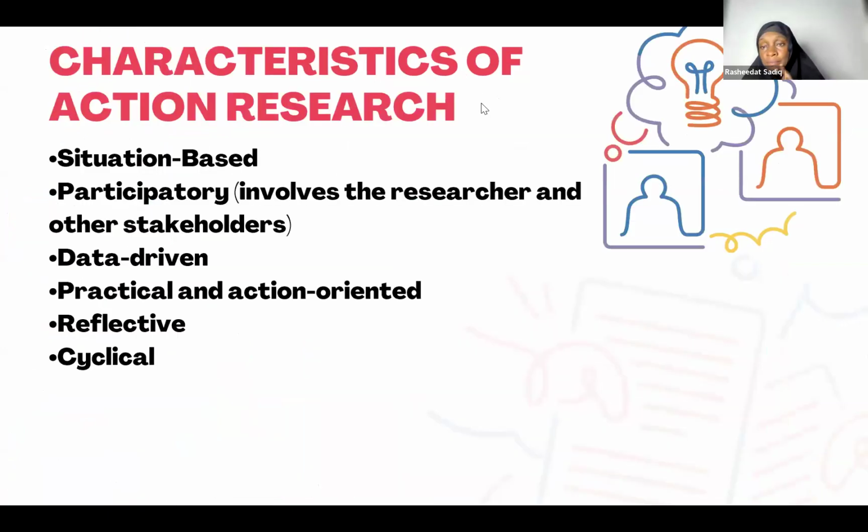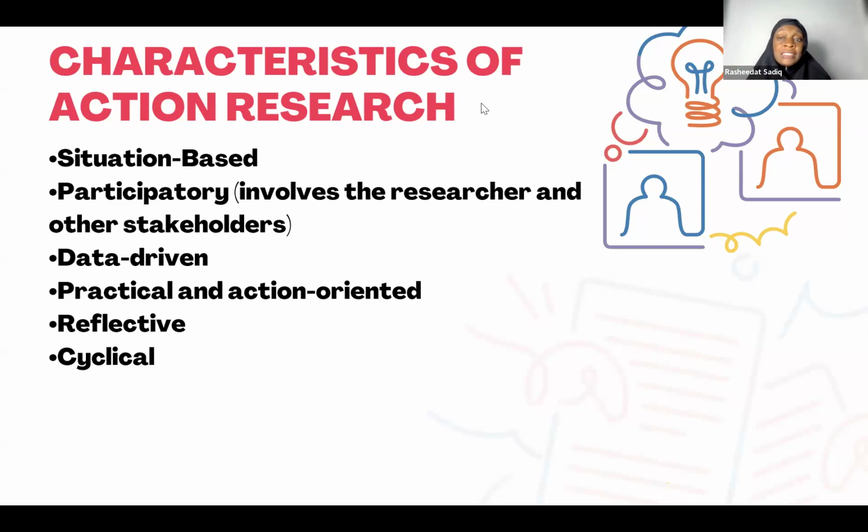Okay, so just to summarize it, action research is situation-based. It's related to your classroom or your setting, your school. It can also be a school-wide research, but here we're focusing on being in the classroom. It's participatory. We talked about that. It's data-driven. You have to get data. So we're looking at that lady that just stopped her group work.